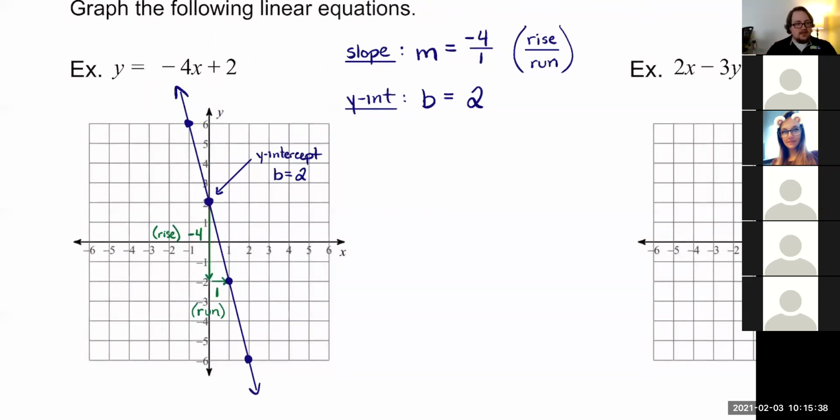So notice the extra work sitting around my coordinate plane here is very minimal. In fact, I wrote even more than I would expect from you on an assignment. If it's already in slope-intercept form, graph your y-intercept, count out your rise over run, find a couple more points, draw your line, boom, done.